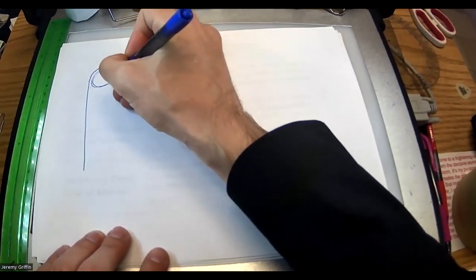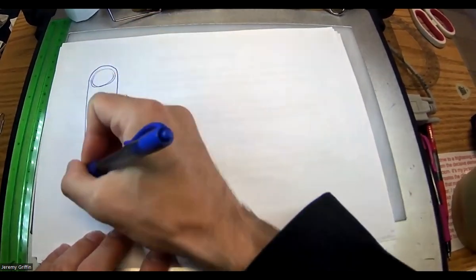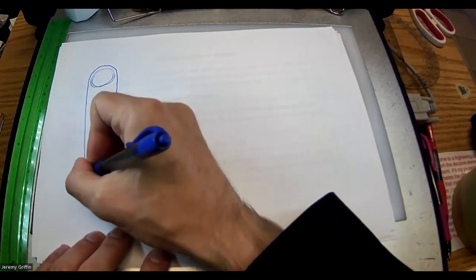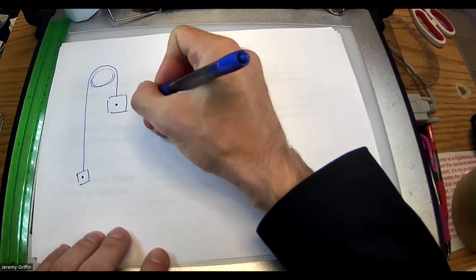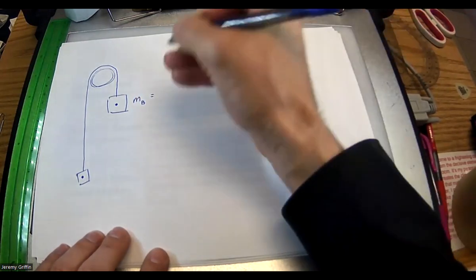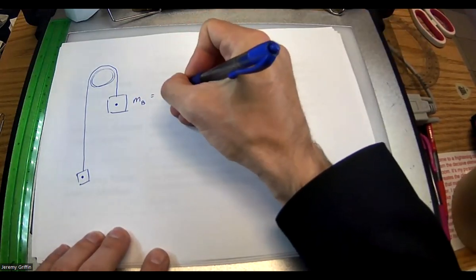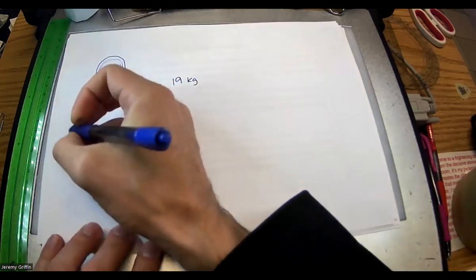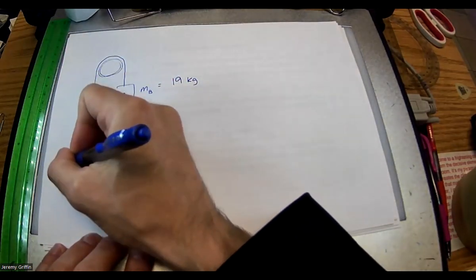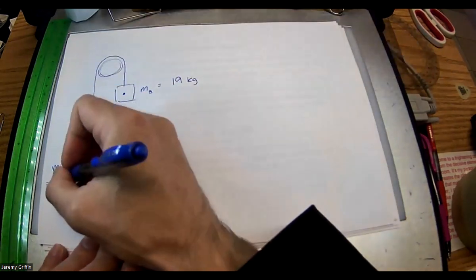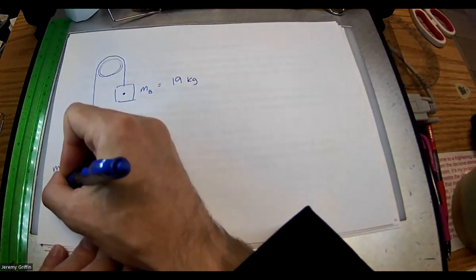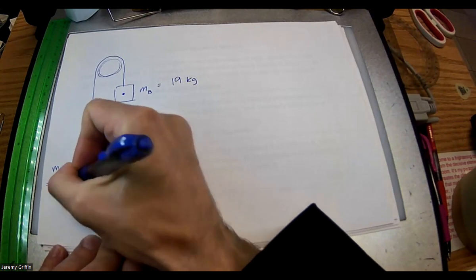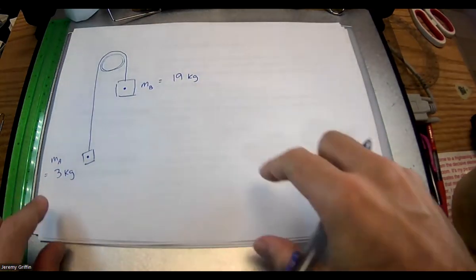Let's do a classic Atwood. Throw on a couple of masses here. Let's say this mass is like 19 kilograms, just pick up something crazy. And let's call this mass how about 3 kilograms? There we go, 19 versus 3, right?